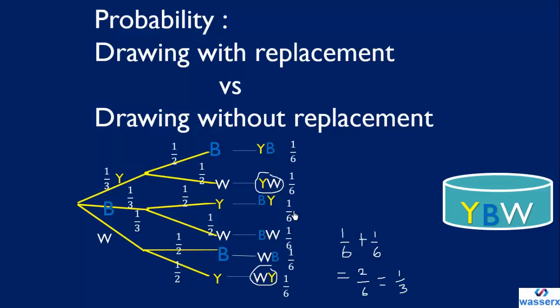So we could also do that without using the probability tree diagram, but we will see that in examples from WASSCE questions.